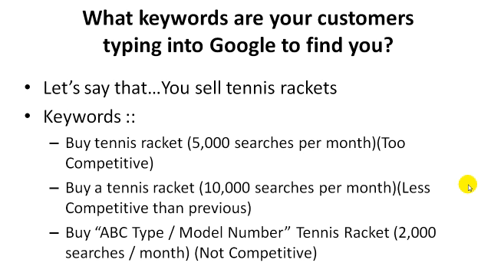At this point, I realize that 2,000 searches, the fact that they are searching for that exact model number, means those are actual potential customers who want my tennis rackets. And I find out that keyword is actually not competitive at all.